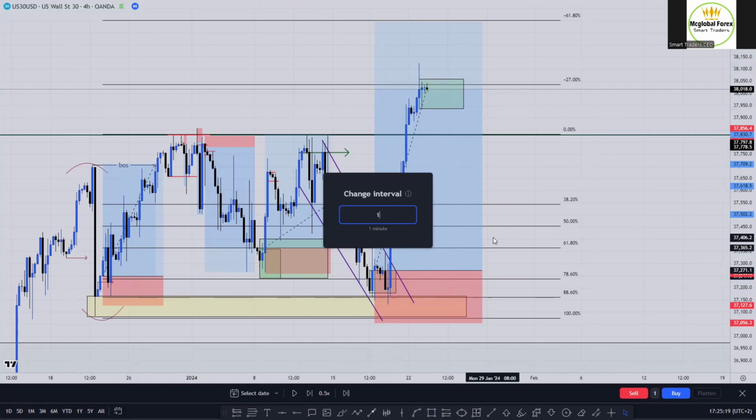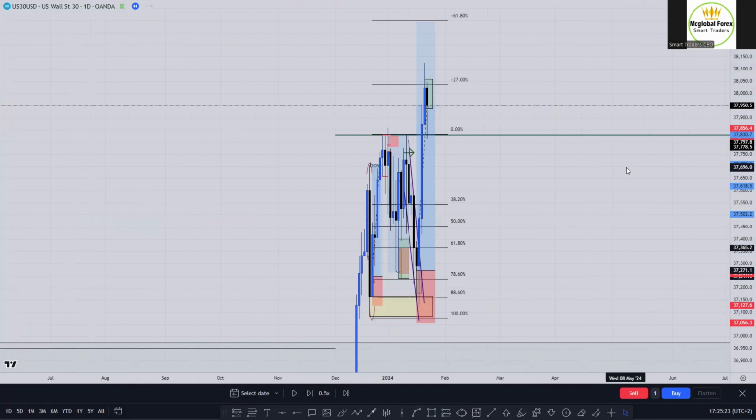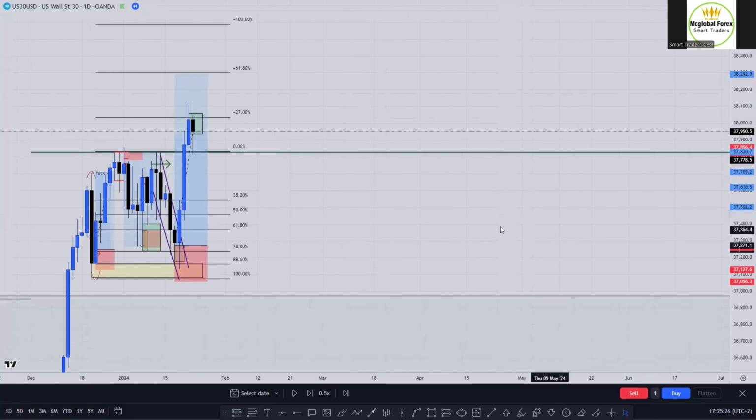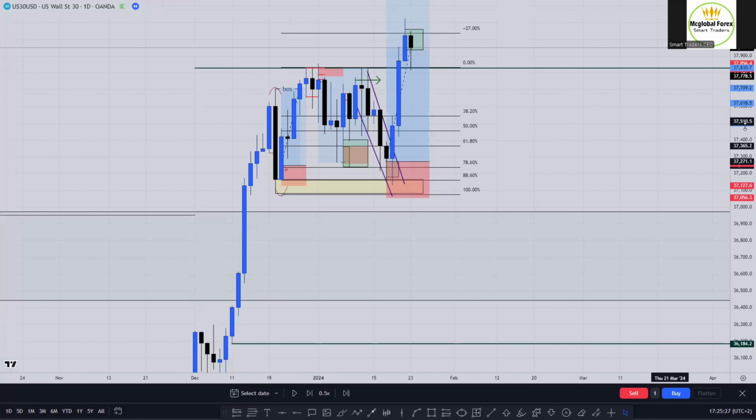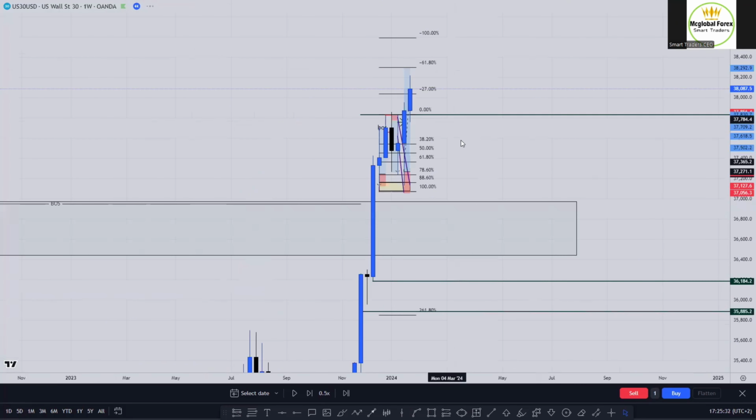So another thing that I also do, especially after we have been progressing like that, holding a position for a while like that, I can just go back to my daily like this, or even just look at the weekly as well, just to observe what will be happening. On the weekly, you can see that there is no change of structure or anything. Structure is still strongly bullish.